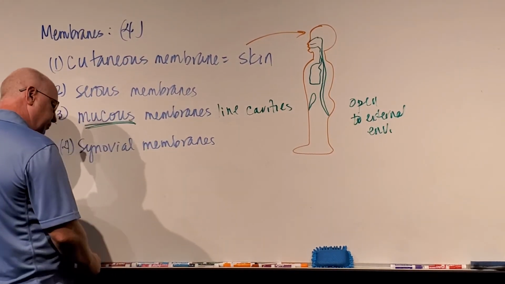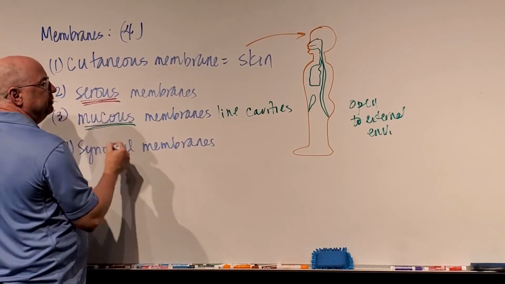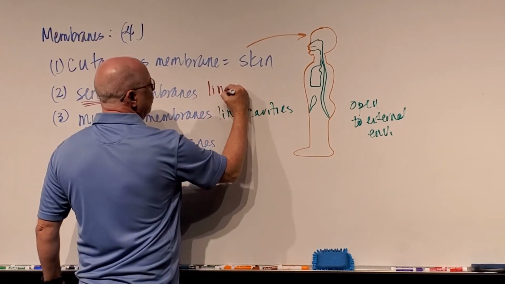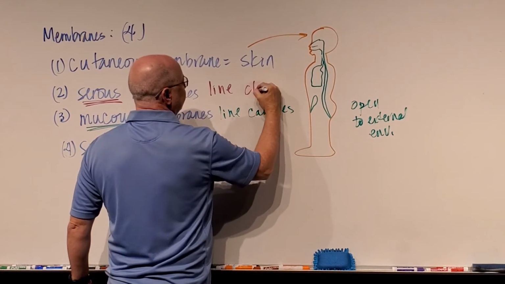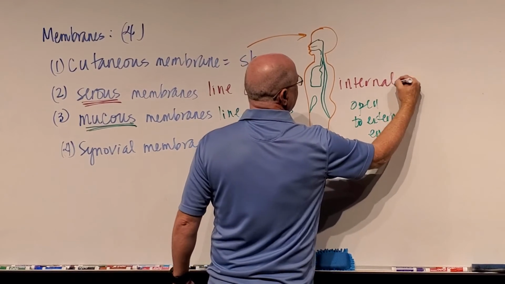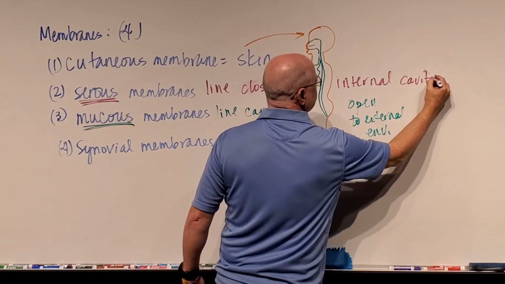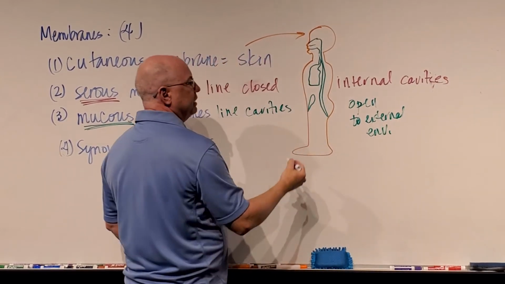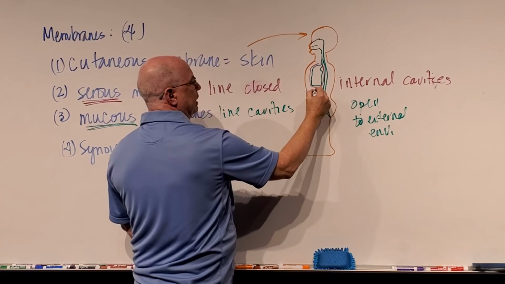The serous membranes, I tend to do those in a different color, but one of the things that we know about these is they line the closed internal cavities. Those cavities that are closed off to the outside world. So for example, there's a serous membrane that surrounds the lungs, and it has two layers.